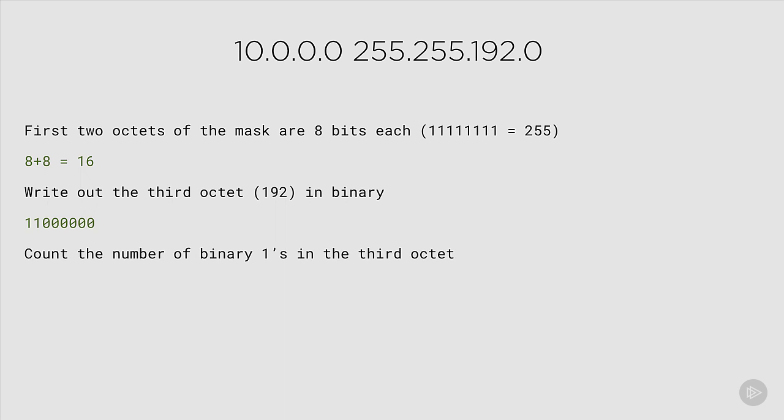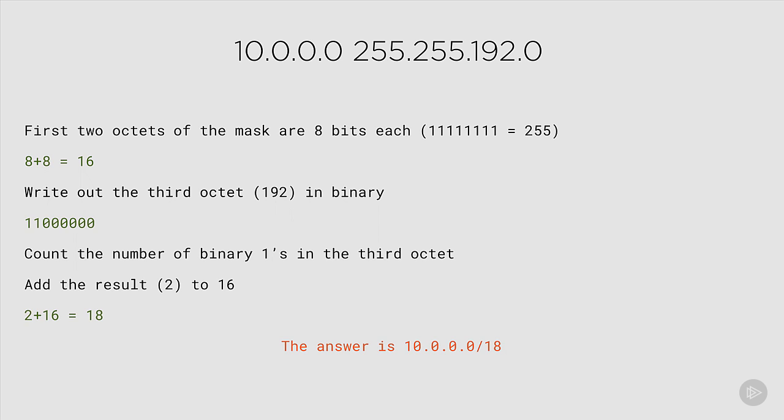Next, count the number of ones in the third octet that we just converted to binary. In this case, there are only 2 bits that are set to 1. Finally, add the result, 2, to the number of bits from the first 2 octets, 16, and the result is 18. The subnet mask in slash or bit count notation is 18.